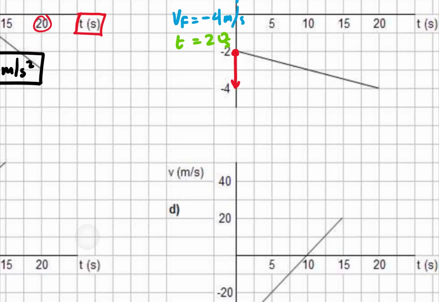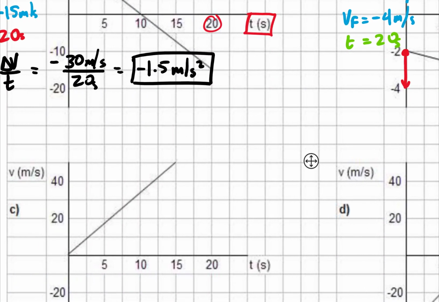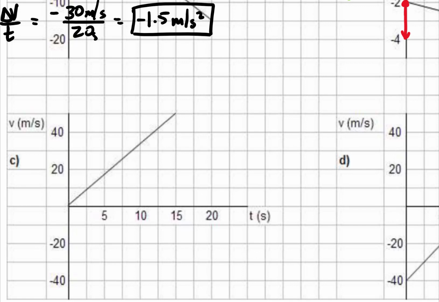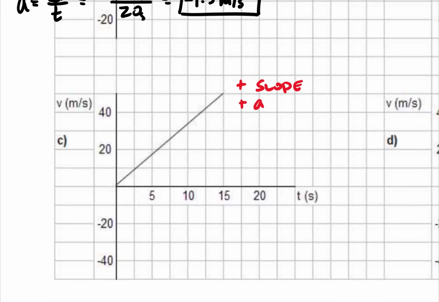Continuing on, here we have a different kind of line. Here we have a positive slope. And since it's velocity versus time, that means we can expect to have a positive acceleration. So let's see if that comes out when we analyze this. Looking at my intercept, it looks like we start off at 0, so the initial velocity is 0 meters per second.